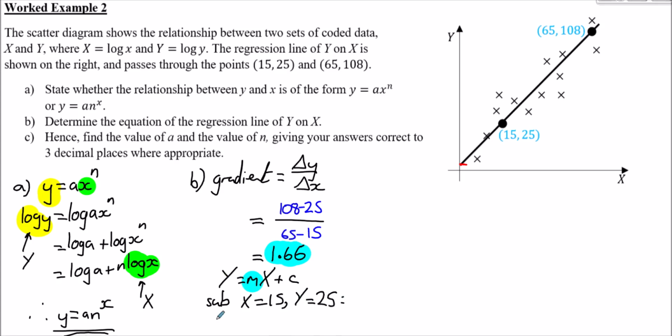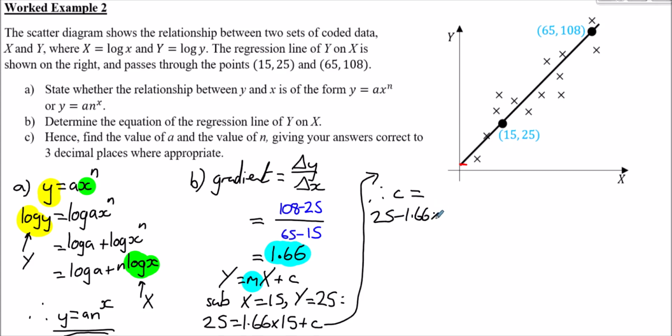So then big Y, 25, equals 1.66 times big X, 1.66 times 15 plus c. So therefore c will equal 25 minus 1.66 times 15.